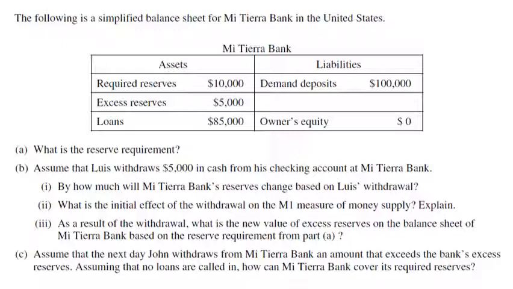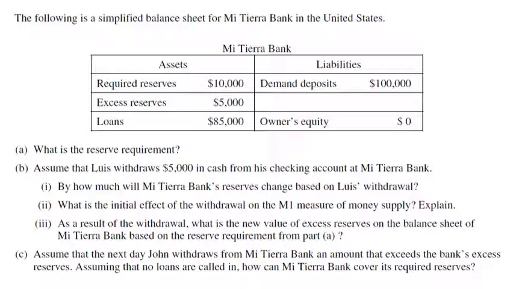And for the third part, as a result of the withdrawal, what is the new value of excess reserves on the balance sheet of the bank? And then for part C, it's simply asking if somebody else were to come in and withdraw an amount that exceeds the bank's excess reserves, what would they have to do to cover its required reserves?